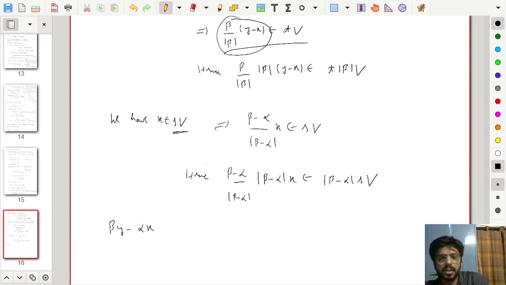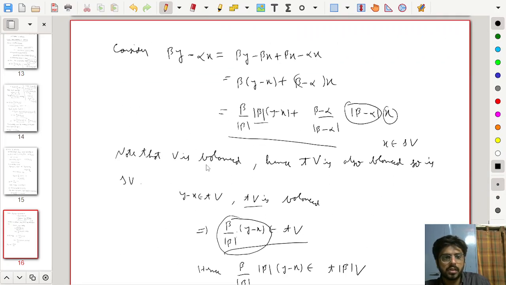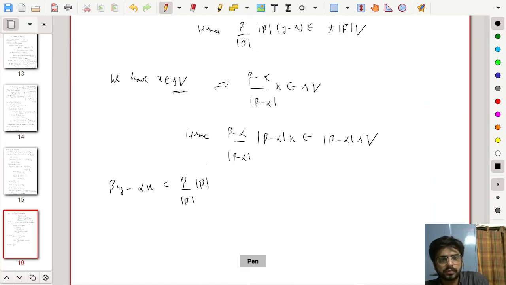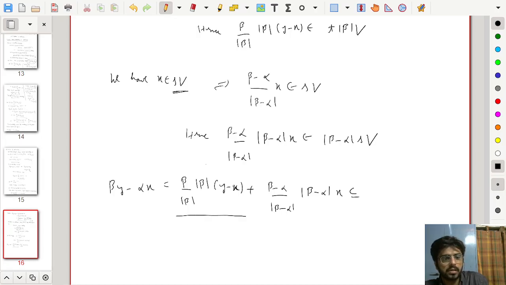Yeah, beta y minus alpha x, which is equal to beta by mod beta times mod beta times y minus x plus beta minus alpha times x, is contained in, see here, the first term is contained in t times mod beta times V, plus the second term is contained in mod beta minus alpha times s times V, right?